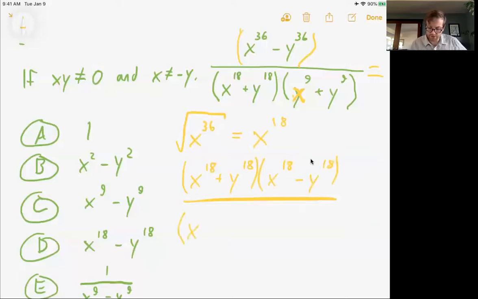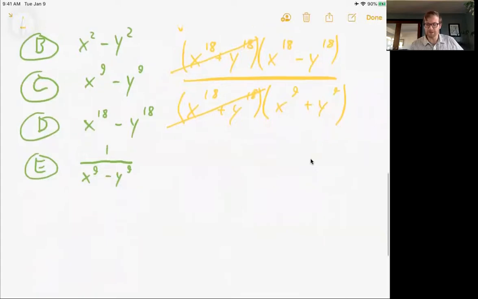And then you start to notice some nice things happening. You notice that that whole factor down in the bottom, x to the 18th plus y to the 18th, and this one on top cancel out, okay?